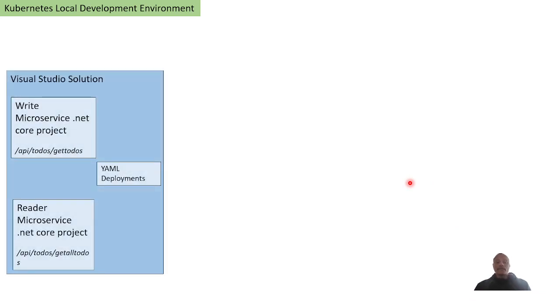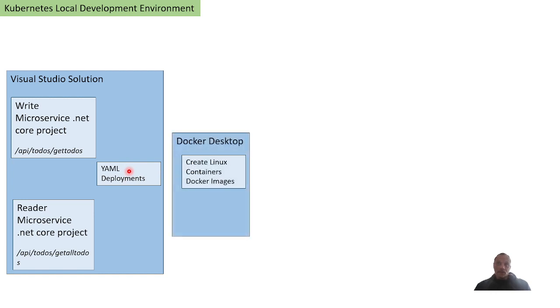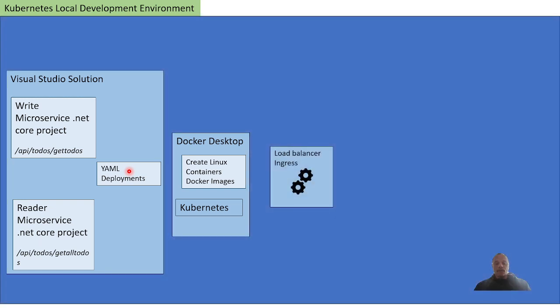We're going to have a Visual Studio solution with two web API projects, one for each microservice. We're going to deploy using YAML deployments to a local Kubernetes environment that's running on Docker Desktop, which will create our images, using a load balancer ingress.